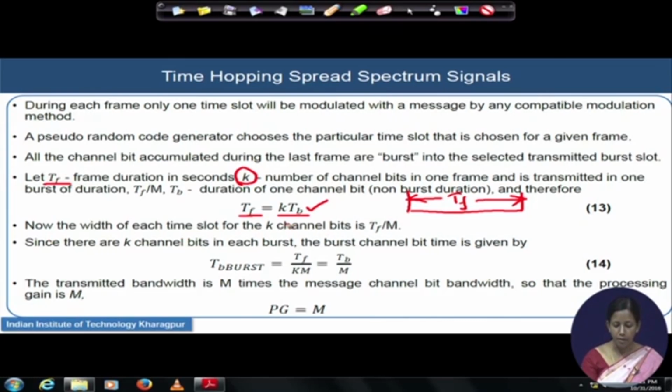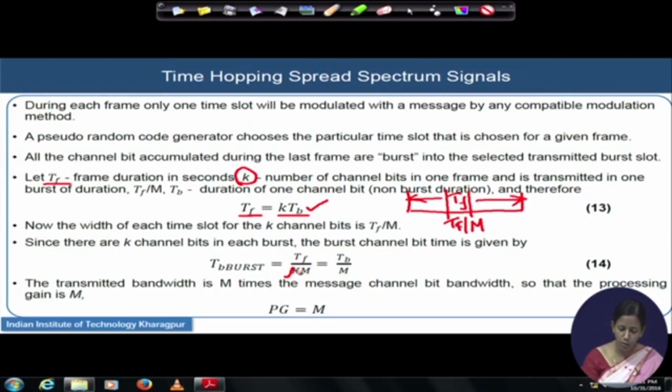Now, if I am doing the burst transmission, I am compacting all those K channel bits over a duration of TF by capital M, because I have M number of smaller time slots. So, for each and every time slot I have TF by capital M, and if there is a burst transmission going on, I will get the time equal to TF by K into M. K is the number of channel bits.